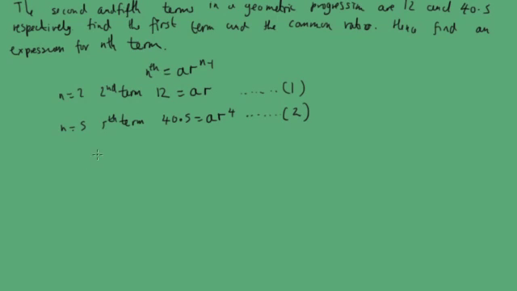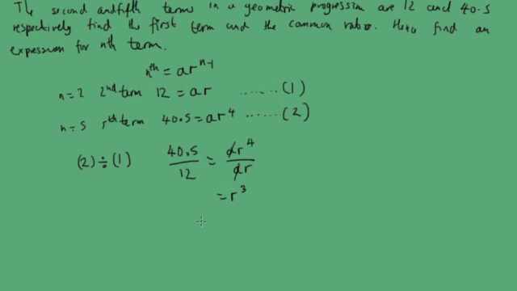What we're going to do this time, whereas with the arithmetic series we added them, this time we're going to divide. So we're going to take the second equation and divide it by the first. So we have 40.5 over 12 must equal AR to the power 4 over AR. As you can see, the A's are going to cancel, and then we're going to have R cubed.